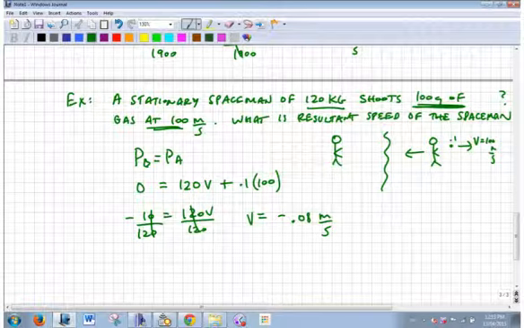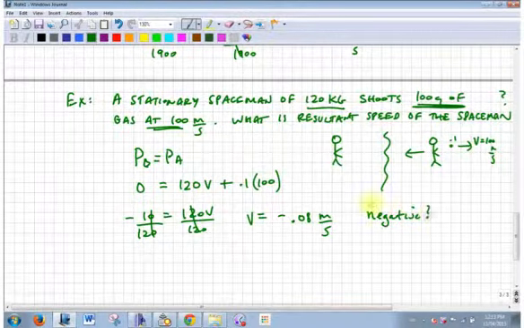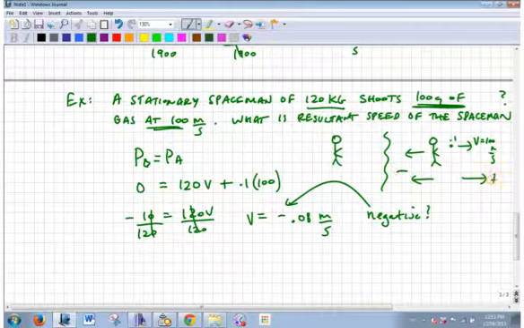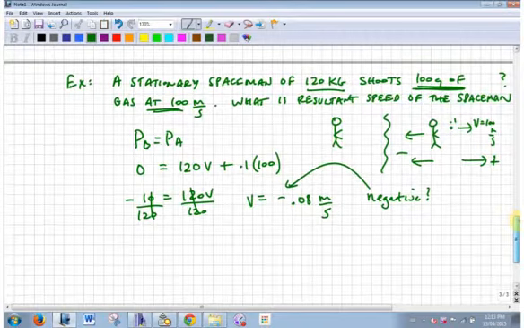Pretty small speed, but again, look at the difference in the inertia. So, why is that negative? Because it's going the other direction. Yeah, I took that way as positive, so that way is negative. Okay?